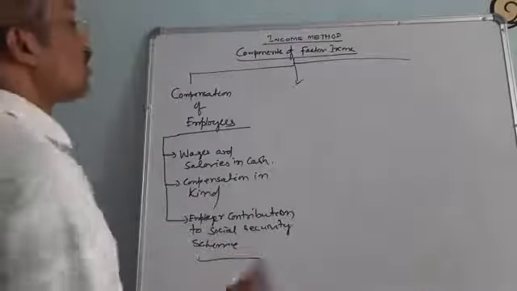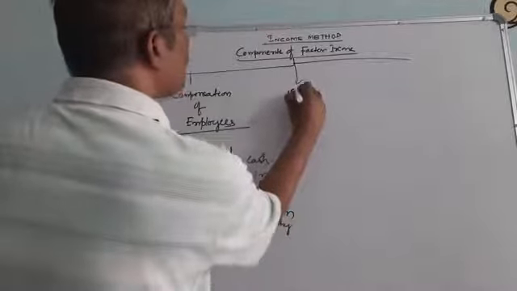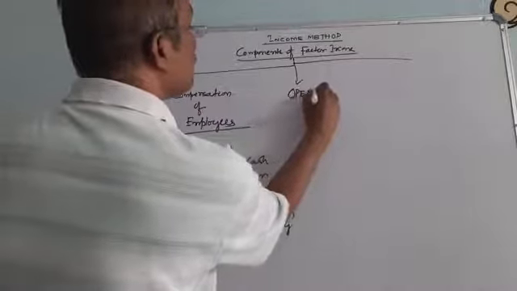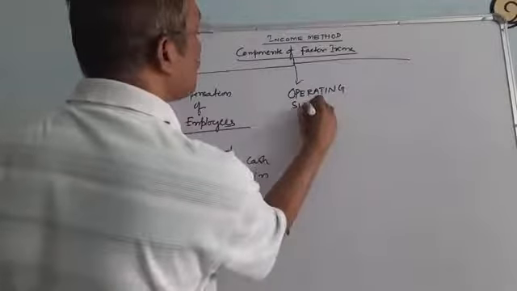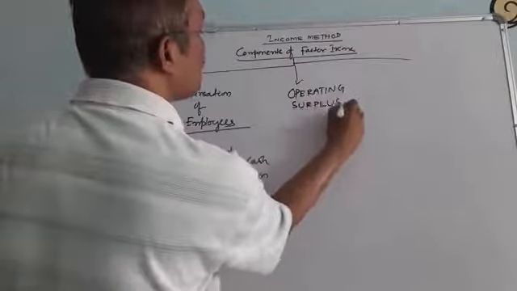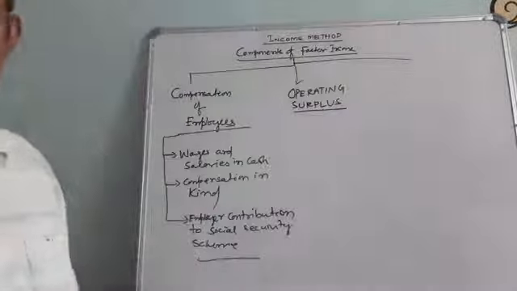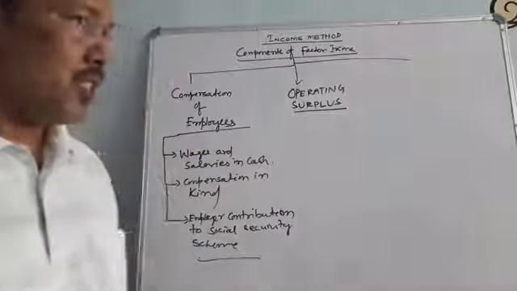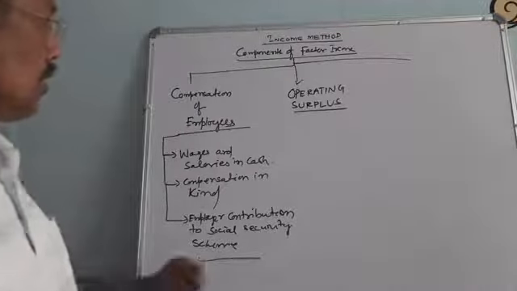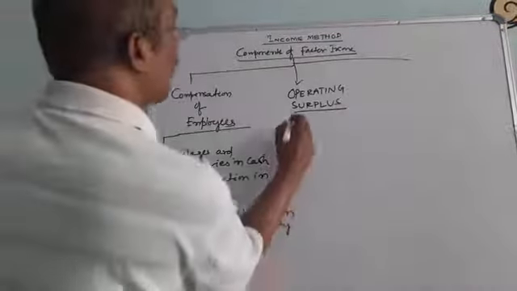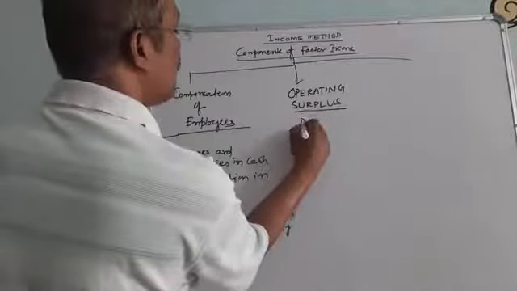Next is operating surplus. What is operating surplus? What are the subcomponents of the operating surplus? There are four subcomponents. First one is the rent.